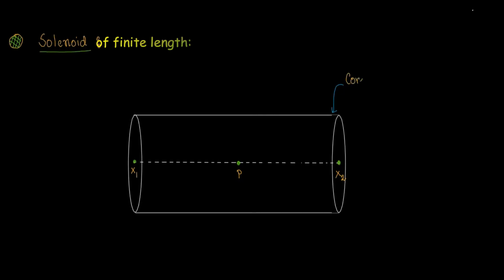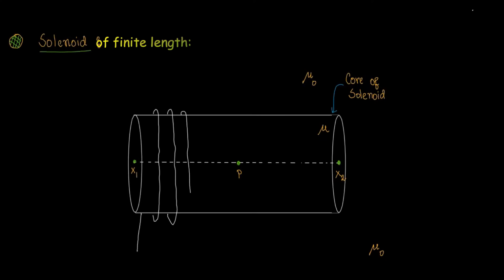This is the cylindrical core of the solenoid having permeability mu. Mu is the permeability of the cylindrical core. Mu 0 is the permeability of the surrounding medium or vacuum.